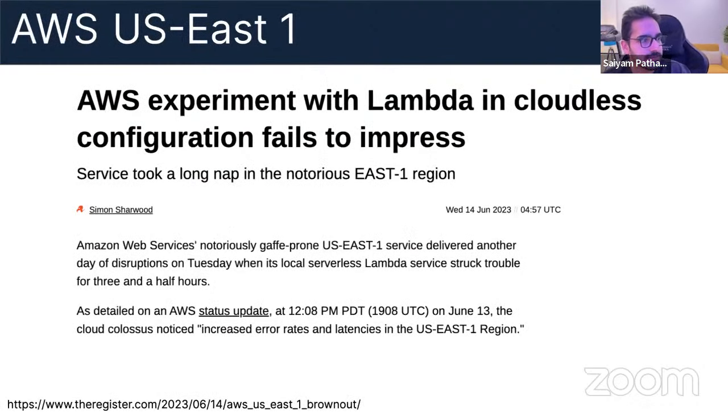Then AWS US East 1. I think this is the region that has the most number of outages when we talk about AWS. And yes, a lot of things are running on this particular region. So when this region goes under pressure or stops working, there are chances that a lot of applications stand still. I mean, they do not work. And this is AWS.